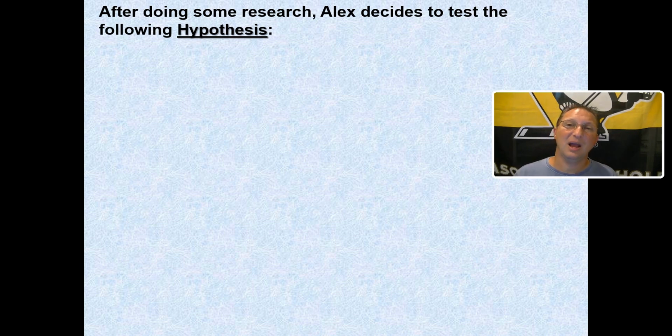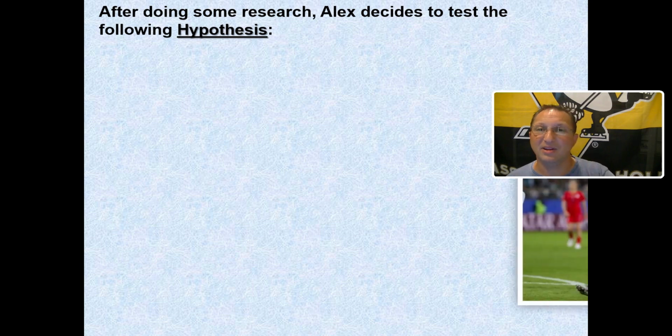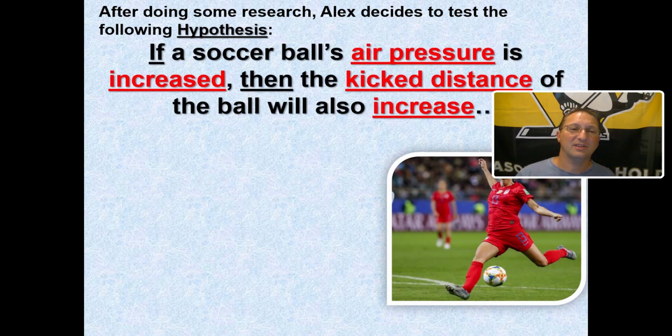And she states her hypothesis like this. Remember, we're looking for the if, then, because statement. So she says, if a soccer ball's air pressure is increased, then the kicked distance of the ball will also increase. So notice we have the if and then statement there.